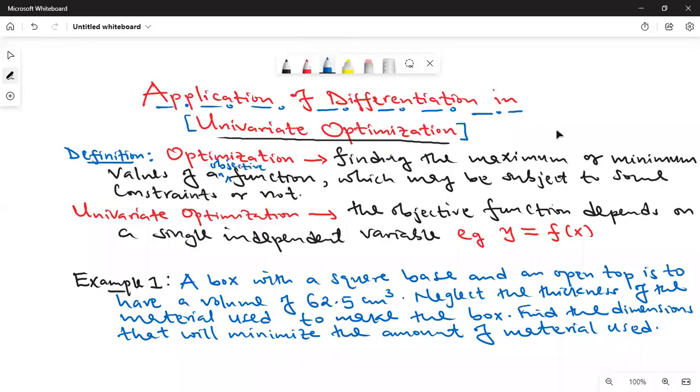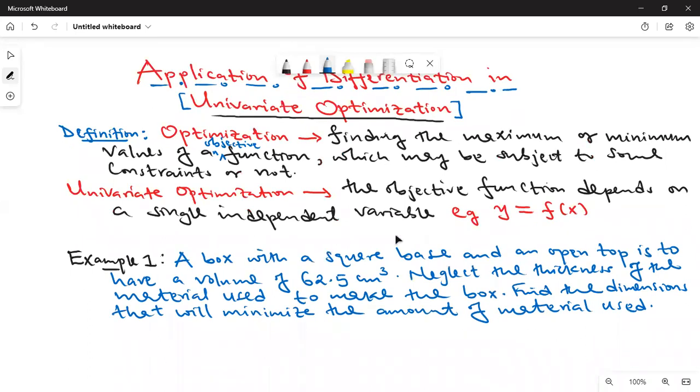So in this example number 1, we are told that a box with a square base and an open top is to have a volume of 62.5 centimeters cubed. We are asked to neglect the thickness of the material used to make the box and find the dimensions of the box that will minimize the amount of material used.